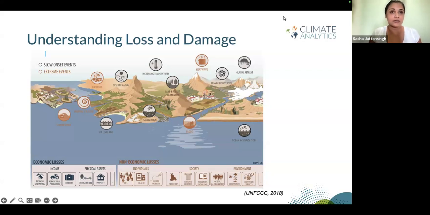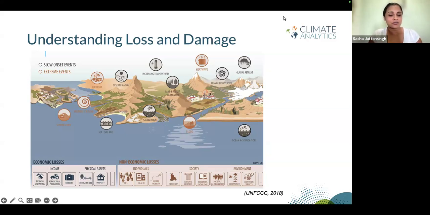Also, glacial retreat is a slow onset event. And then loss and damage could also be economic and non-economic loss and damage. Economic losses are much easier to quantify and assign a monetary value to, because these are anything that could be traded in markets, so any sort of goods and services.